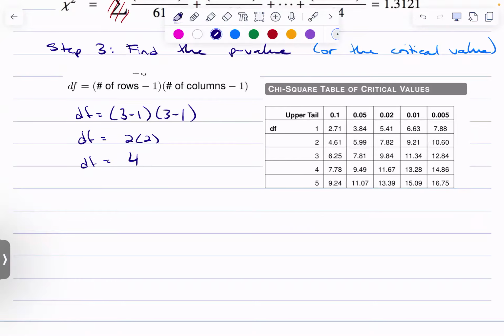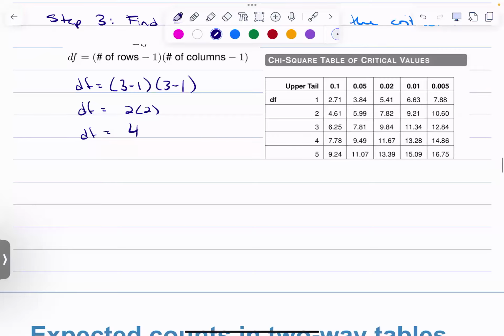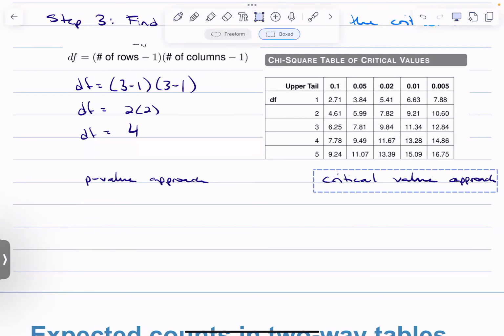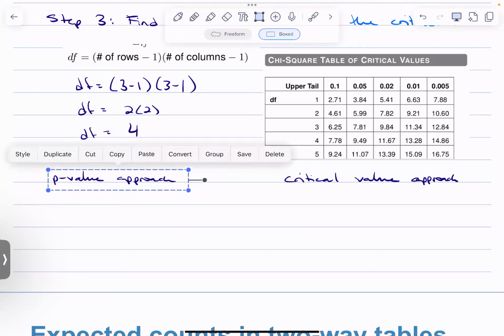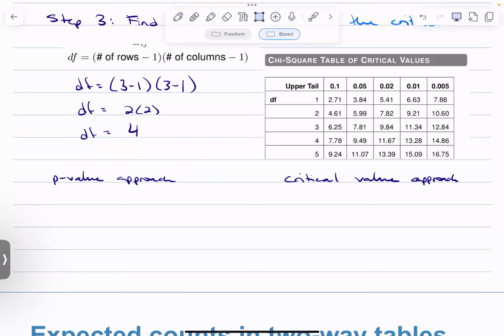So let's do it with the p-value approach here. And let's do it with the critical value approach over here. I'm going to try to do them side by side here. Maybe I'll scooch these over there.